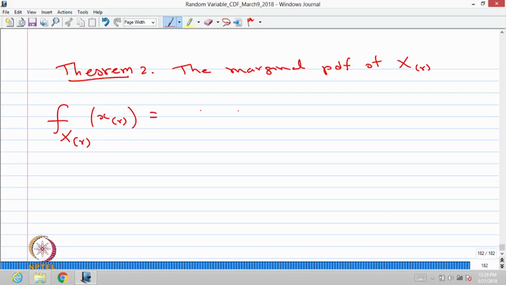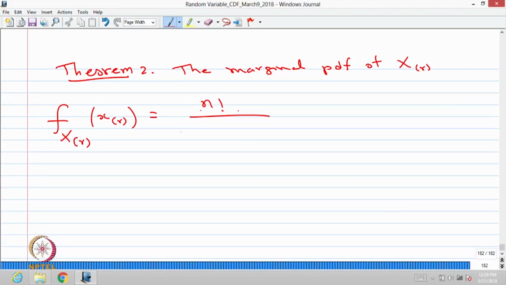Since you know the joint probability density function of order statistics, one can get the marginal probability density function of any one rth order statistic from the n dimensional joint probability density function of order statistics.